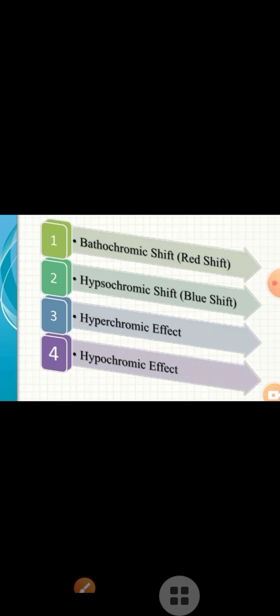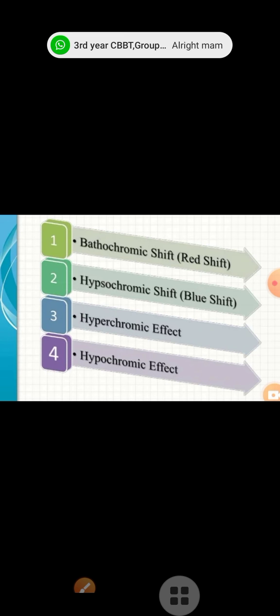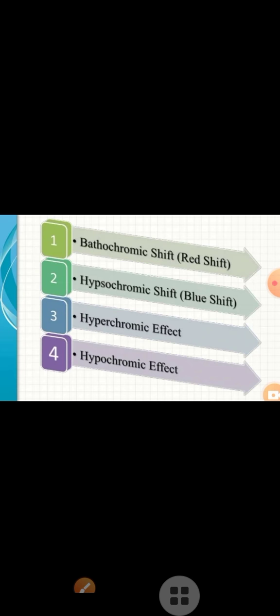What is bathochromic shift? Extended conjugation and auxochromes may shift the absorption to longer wavelength. This is called bathochromic shift. What is hypsochromic shift? A shift of the absorption lambda maximum to shorter wavelength is called the hypsochromic effect.